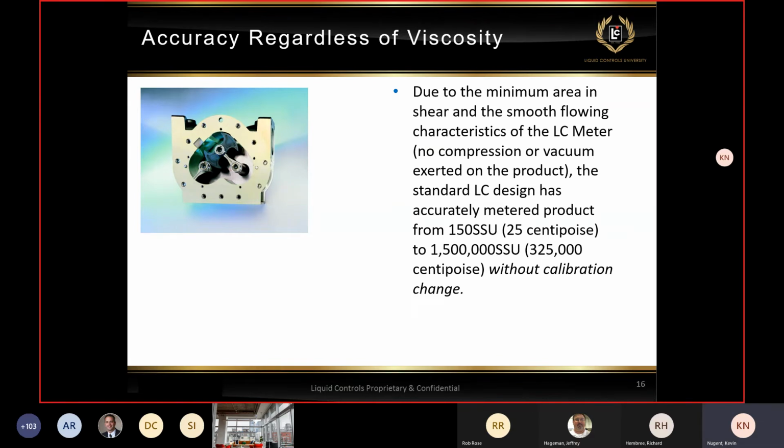And when we have product that is over 150 SSU and greater, there is no need for calibration change. And the next slide will share or expound on that a little bit.